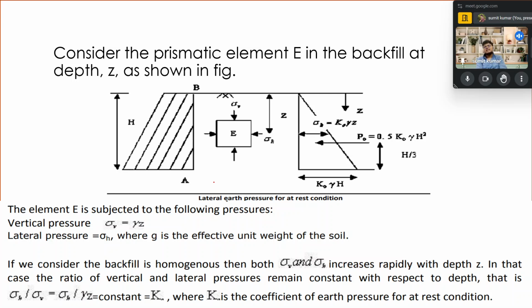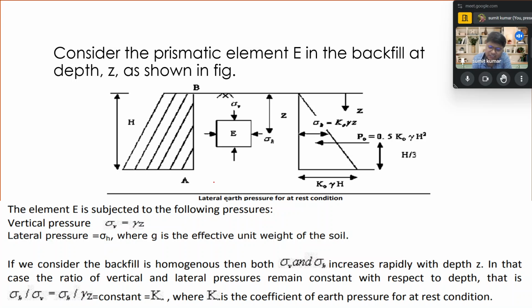So the element E is subjected to the following pressures: vertical pressure sigma v equal to gamma z, and lateral pressure sigma h, where gamma is the effective unit weight. That does not have much relevance here, but if we consider the backfill to be homogeneous, then both sigma v and sigma h increase with the depth z.